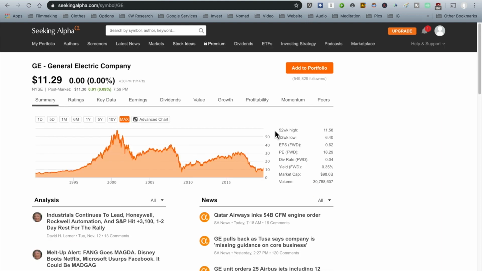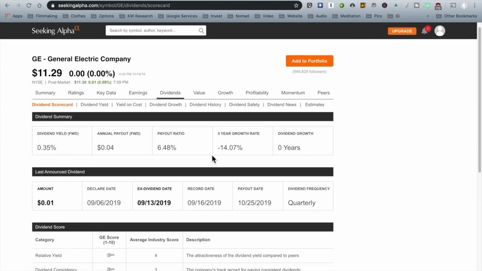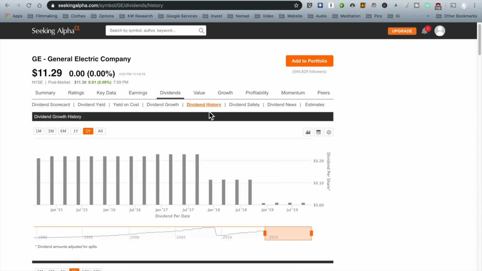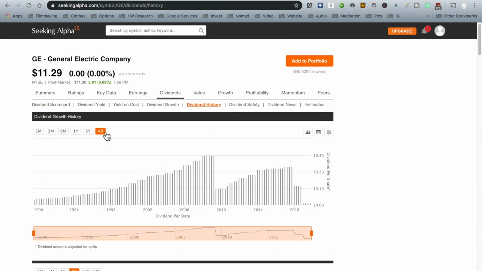An example of a company that cut their dividends is General Electric. And if we go over their dividend history, you can see right here, in 2009, they cut their dividend drastically, right? And they've slowly been increasing the dividend and been cutting and cutting.